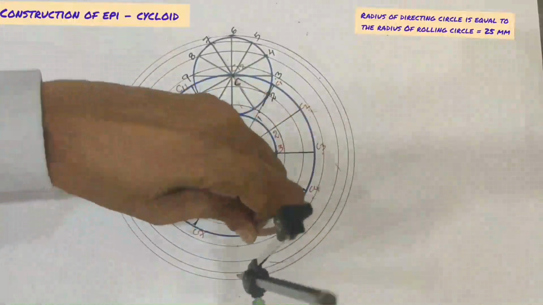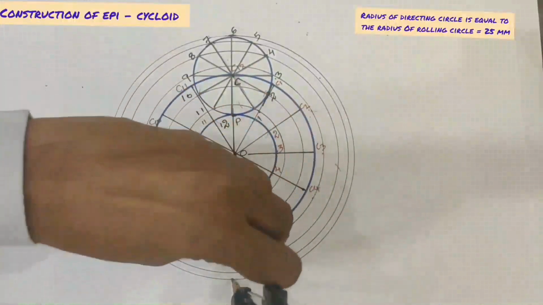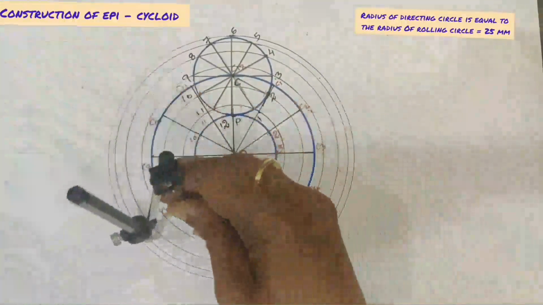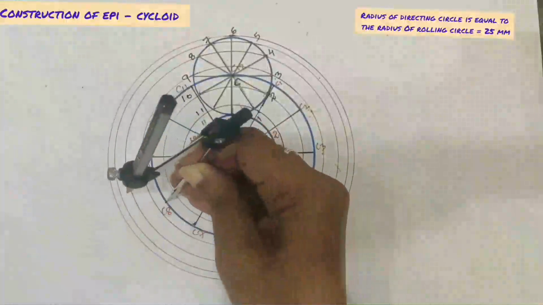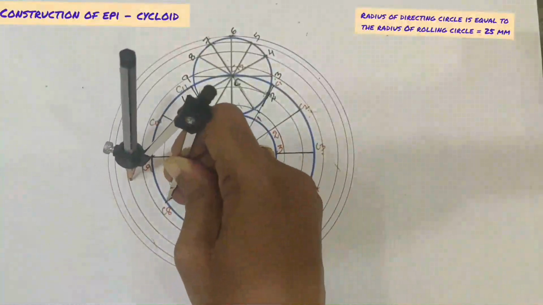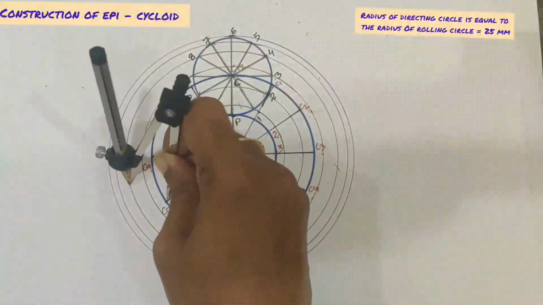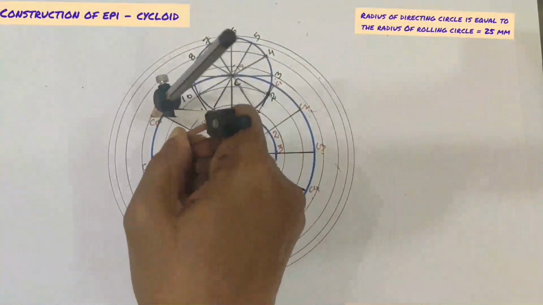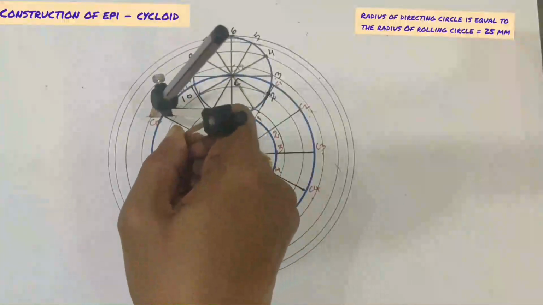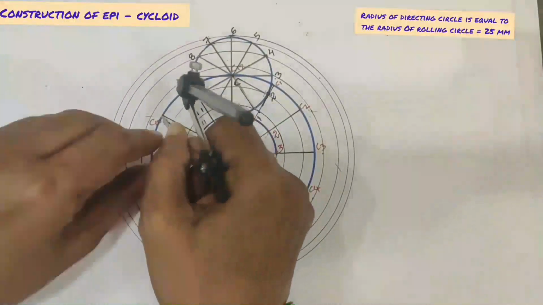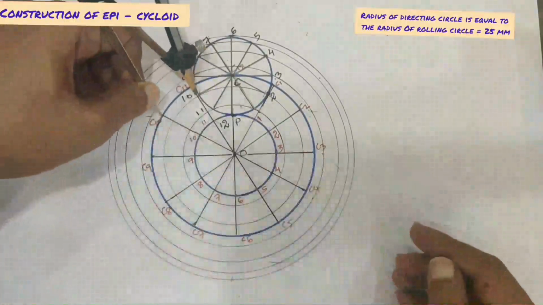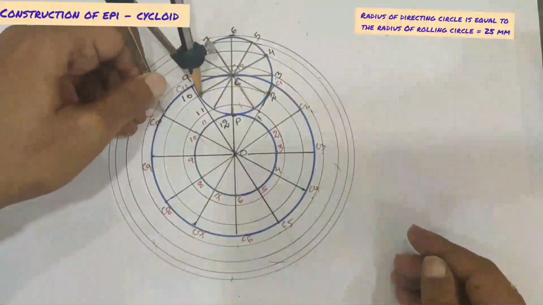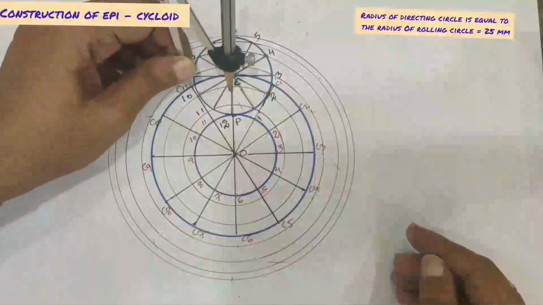Then C6. Then C7. C8 as center. Draw an arc on the division circle passing through the 8th division on the rolling circle. Similarly, C9, then C10, then C11.